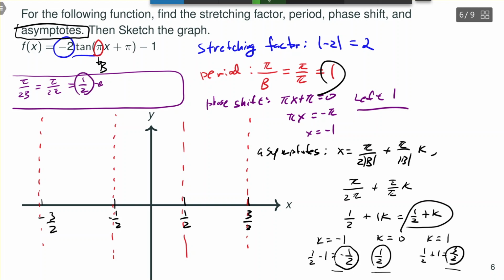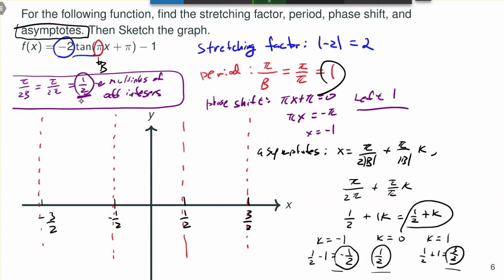If you find pi over 2b and take multiples of odd integers, that will also work, for example 1, 3, 5, 7, or -1, -3, -7.